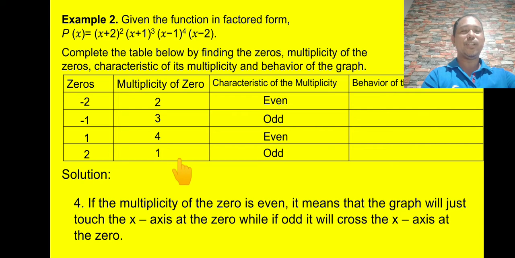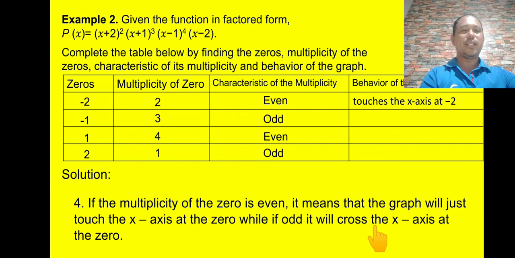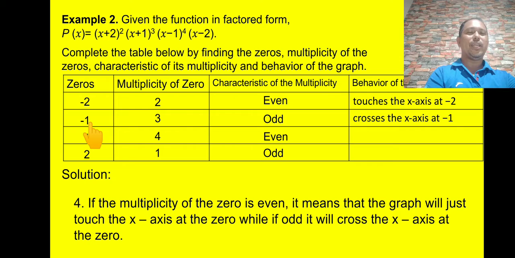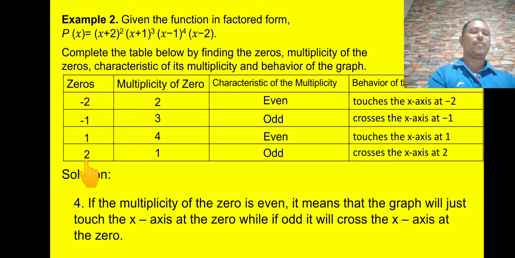So even, then that's negative 2 here, then odd, cross at negative 1. Then even, that's positive 1, odd, that's positive 2.